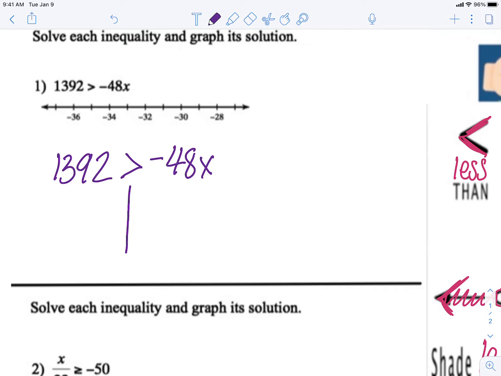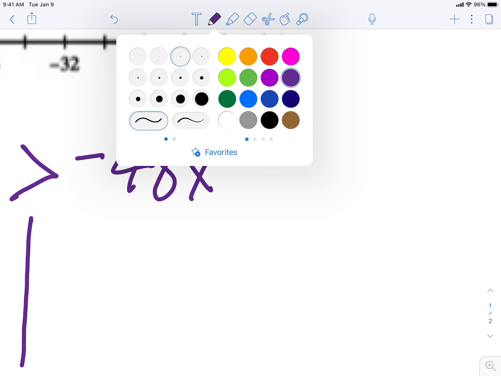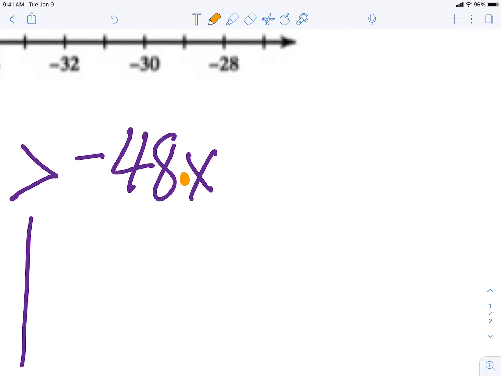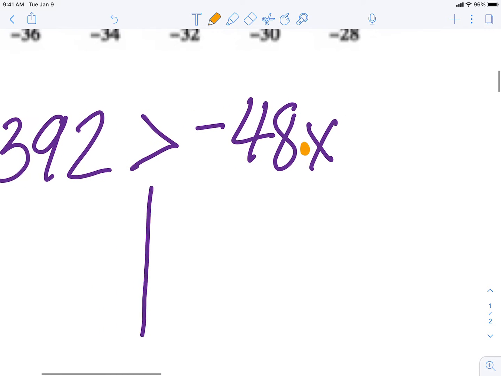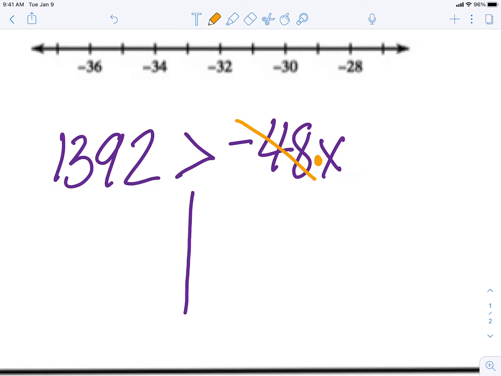What's happening between negative 48 and x is negative 48 times x. So what is the opposite of multiplying? The opposite of multiplying is dividing. If I'm multiplying by negative 48 here, when I bring it over, I'm going to divide by negative 48. So let's cross out negative 48 and divide by negative 48.